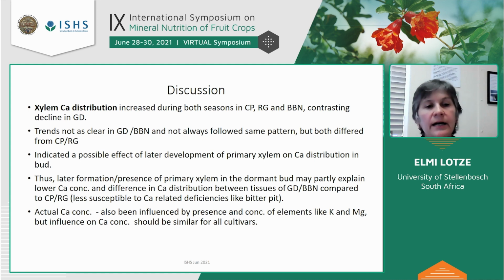In addition, the actual calcium concentration could have also been influenced by the presence and the concentration of other macro elements like potassium and magnesium, but we hypothesized that the influence on the calcium concentration would have been similar for all the cultivars.